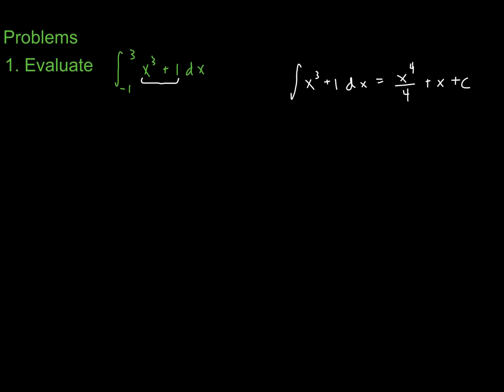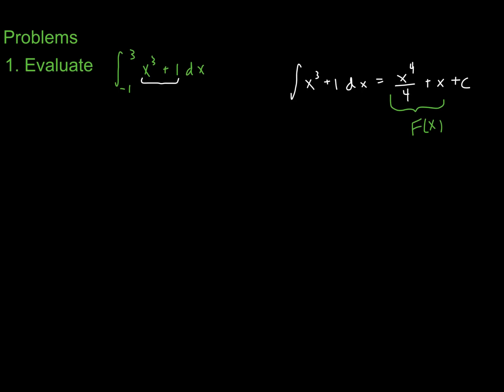But just to show the antiderivative family of x cubed plus 1, I use the indefinite integral to represent that I'm finding that with respect to x. And that's going to be x to the fourth over 4 plus x plus any constant c. Now, to make my life easier, I'm obviously going to choose that my constant be 0. That's the most simple antiderivative. And so my capital F of x will be this right here.